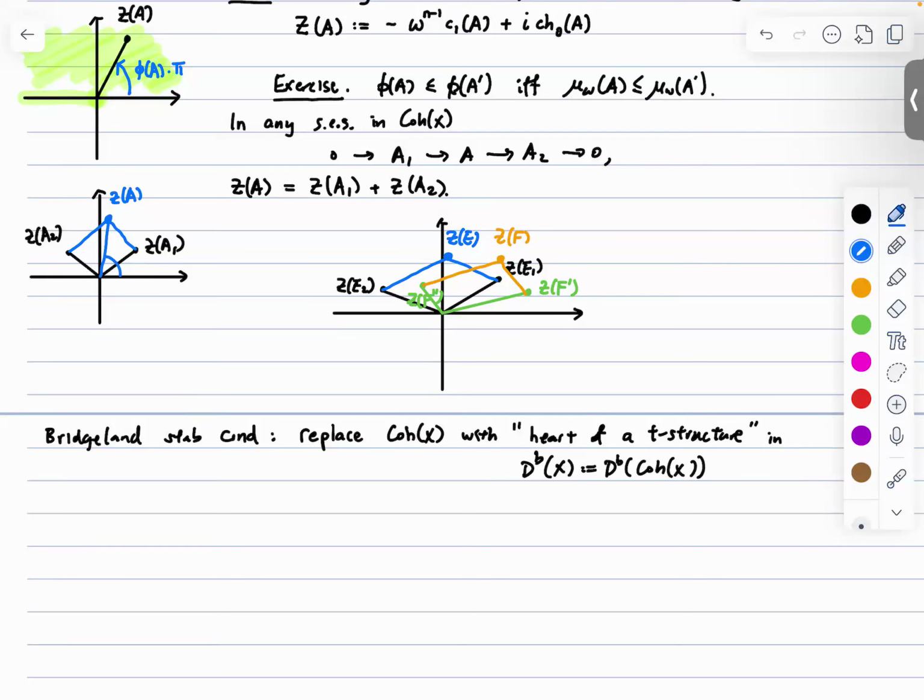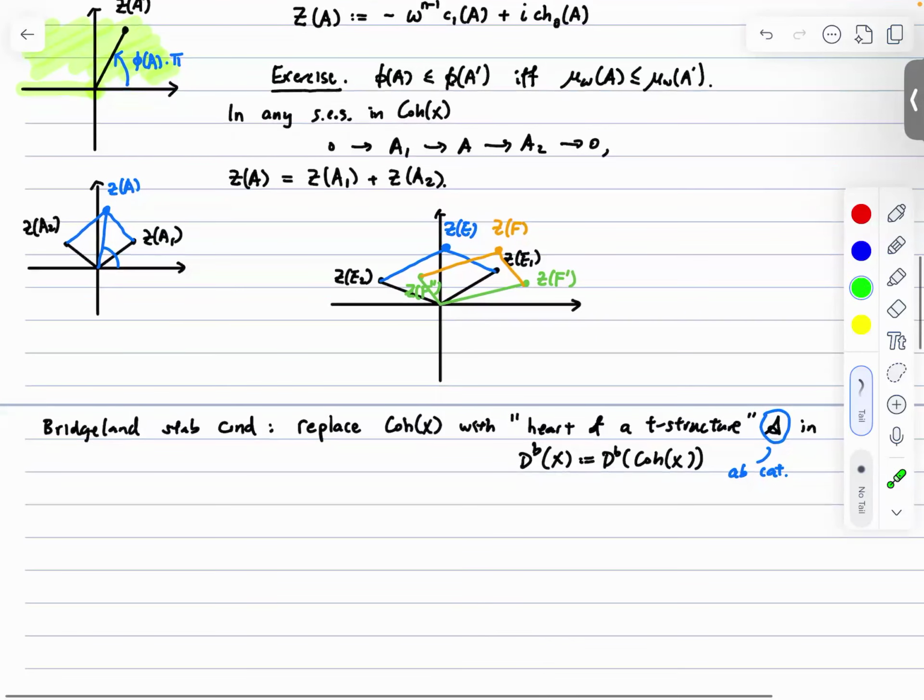Now, the important thing here is that this heart of a t-structure, A, is an abelian category. So you can talk about kernels, cokernels, and short exact sequences in this category.